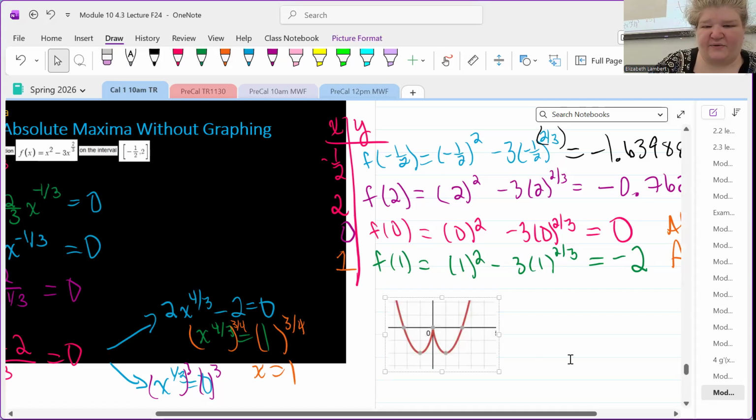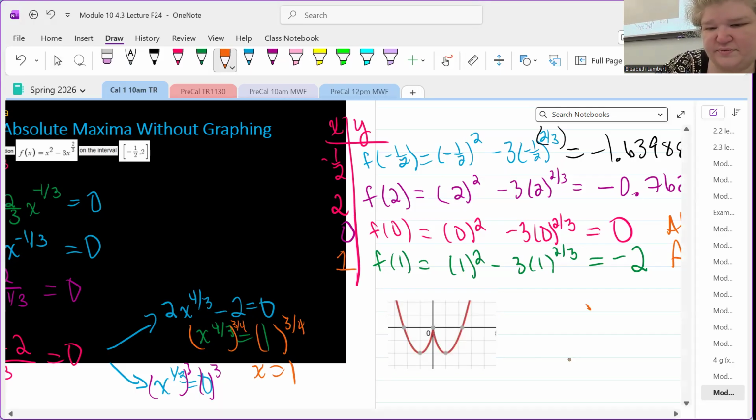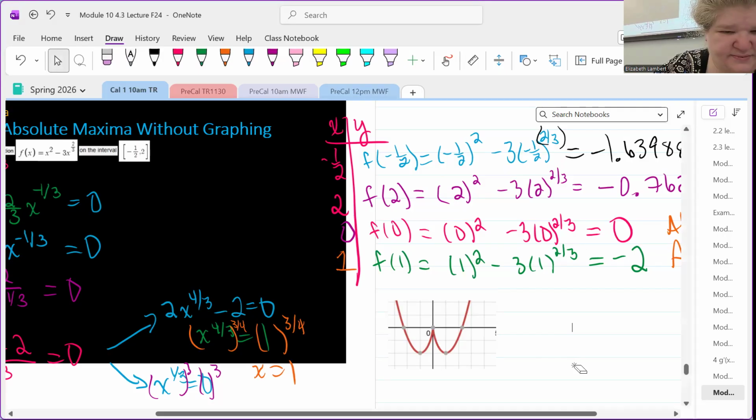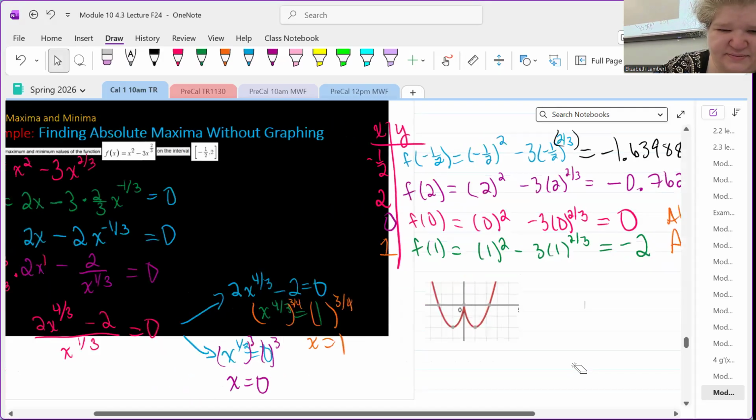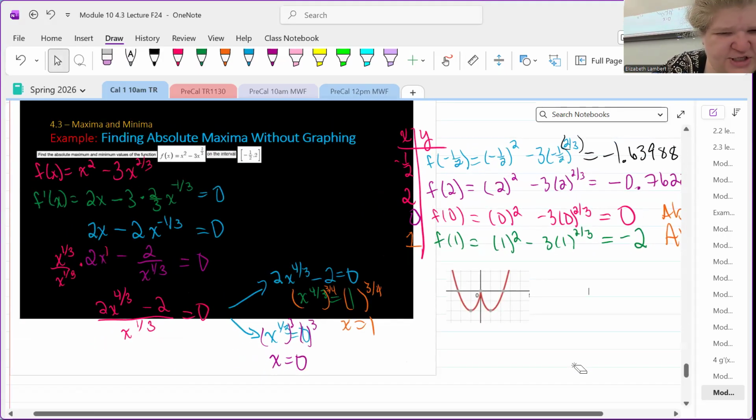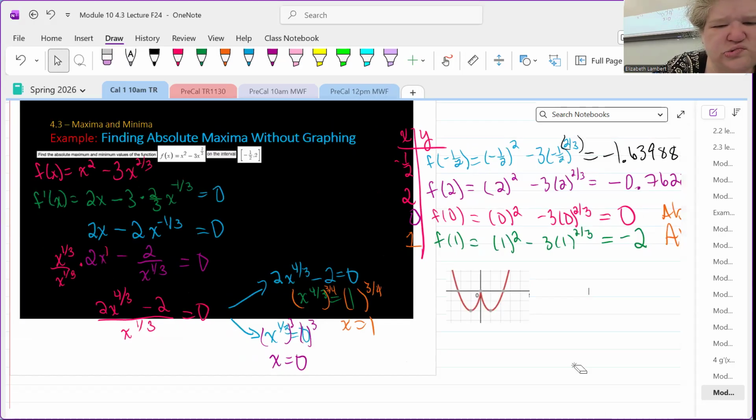So there's the graph of our function. So we can see at negative 1, 0, and 1, I should have gotten negative 1 in my work, and I didn't.